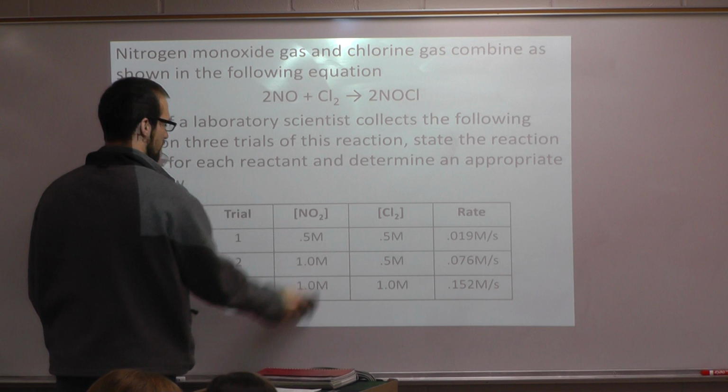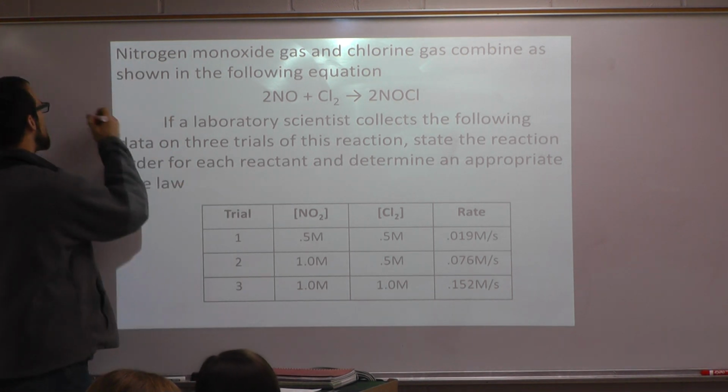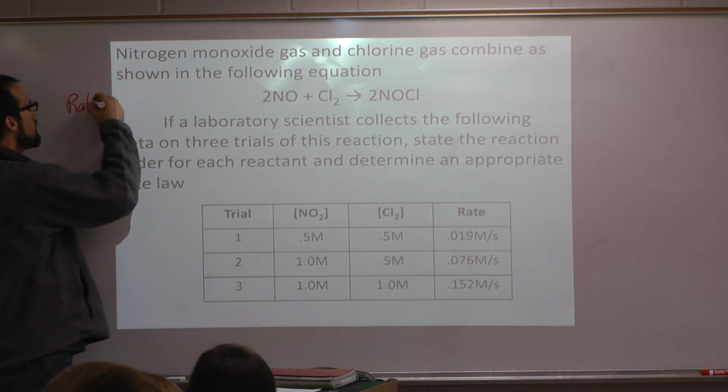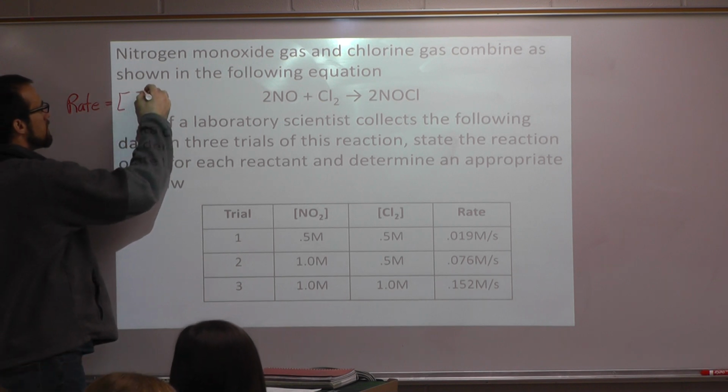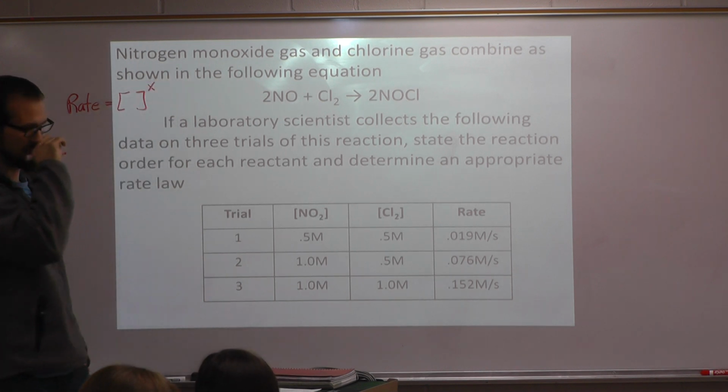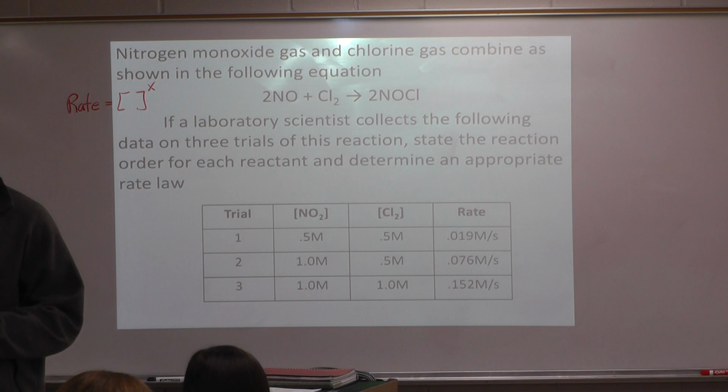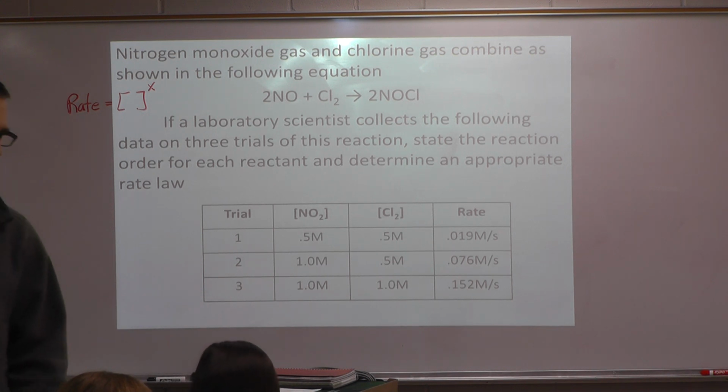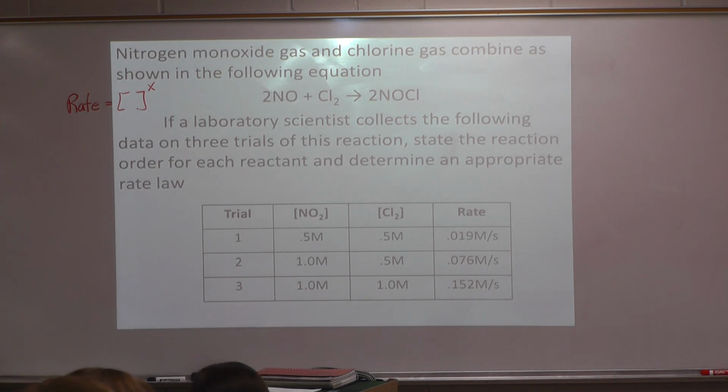So here's an experimental table that we are going to look at and come up with the rate law. First and foremost, I want you to write this down somewhere. This is kind of a template that we are going to use to determine the rate law looking at the experimental data.